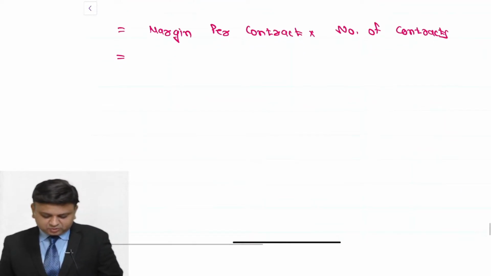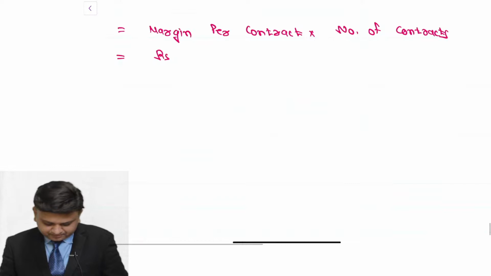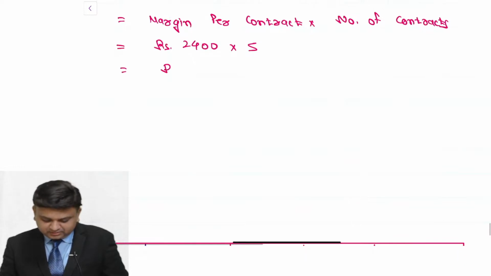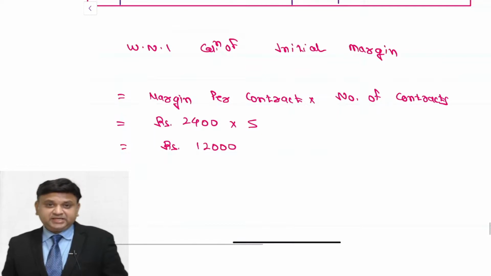Margin per contract is rupees 2400 and number of contracts are 5. So that comes to an amount of rupees 12,000. That is the initial margin.